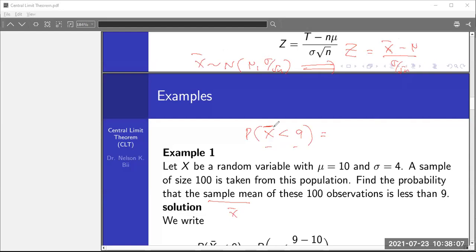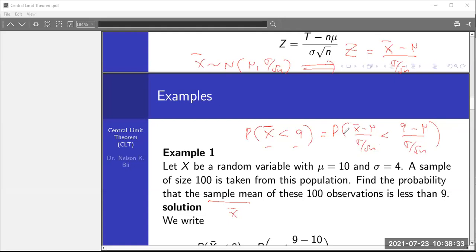So we standardize the value given here. This will give us the probability that x bar minus mu divided by sigma by the square root of n is less than 9 minus mu divided by sigma by the square root of n. That is what we want to do.